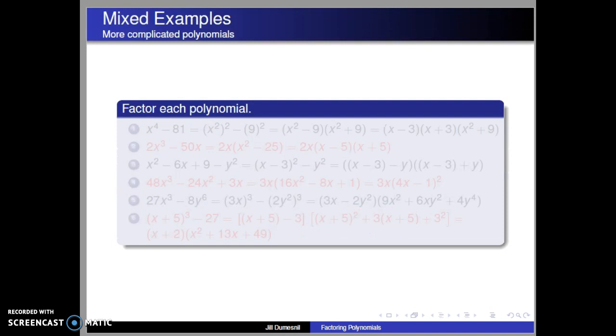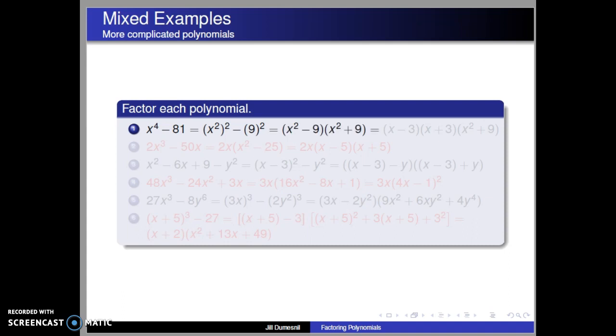Now let's mix things up and consider more complicated examples of factoring special forms. To factor x to the fourth minus 81, we must remember that even powers can always be written as perfect squares. So we have a difference of squares with bases x squared and 9.